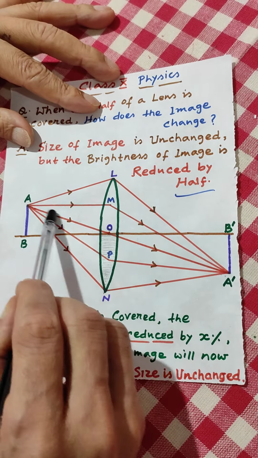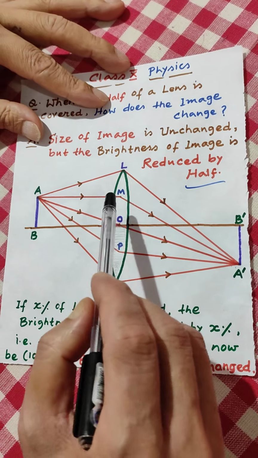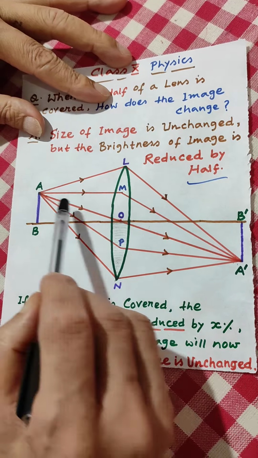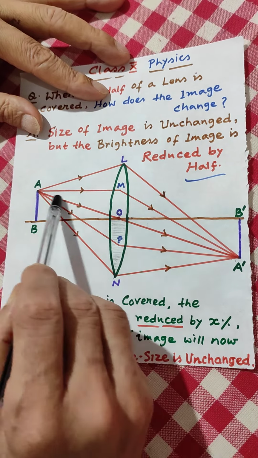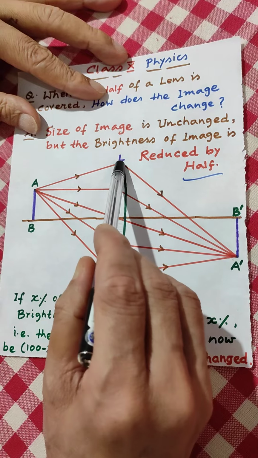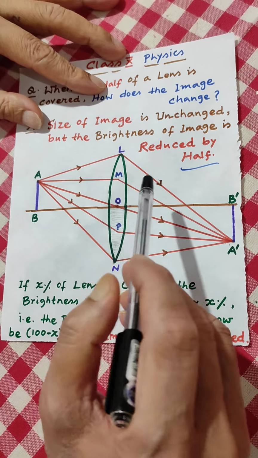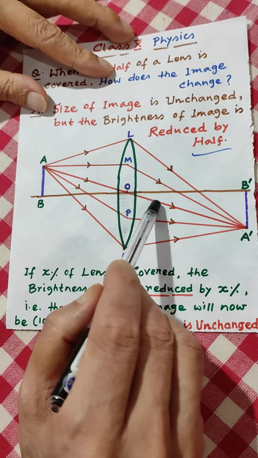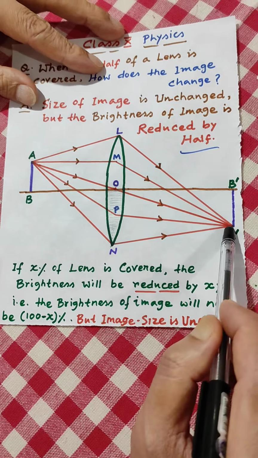But this upper half of the lens is not covered, so it is free. Now these incident rays AL, AM, AO are incident on what? The uncovered part of the lens. So very easily they will pass through the lens and the emergent rays will meet at A dash.